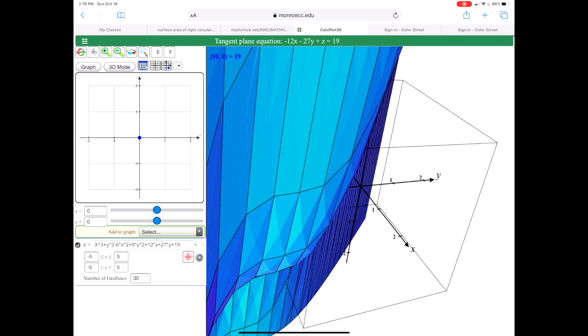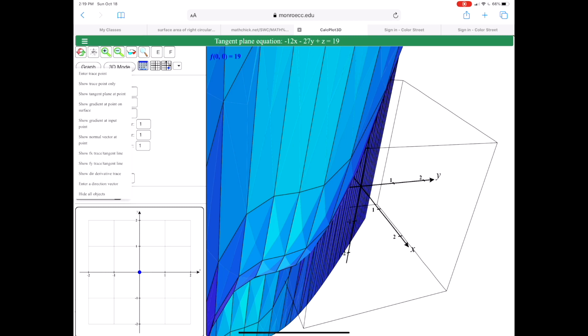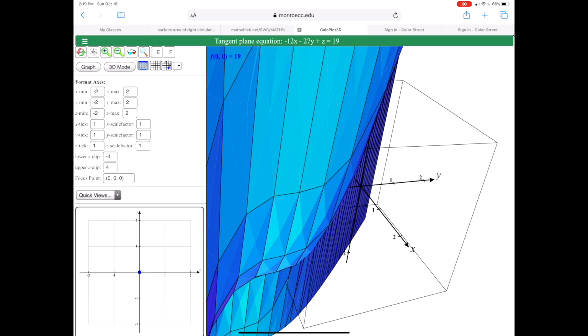And then we're going to need to take a look at the window here. It looks like f at 0, 0 is 19.